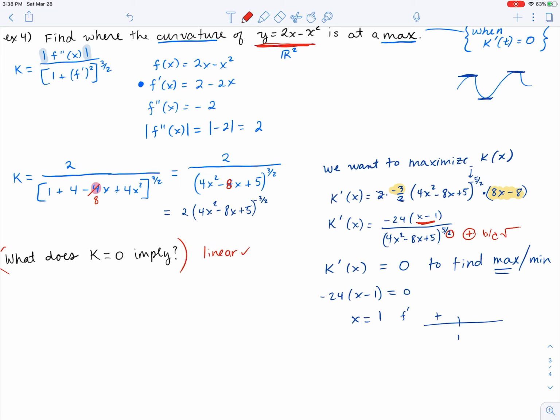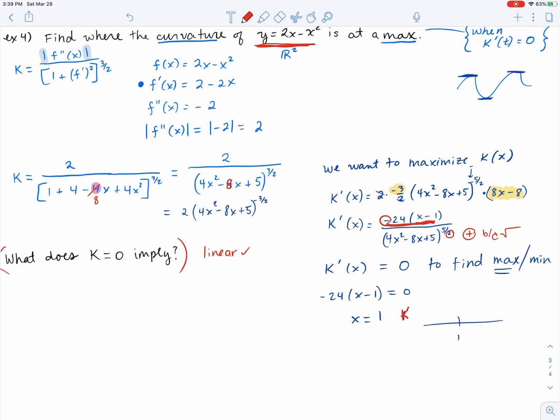So then the only thing that we're looking at is for k prime. I wrote f, but this is k. So when we're looking at the curvature, we only need to look at this expression, the x minus 1. I take everything back, this negative is going to screw things up.